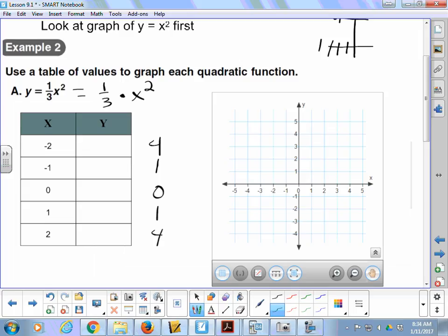So all I have to do is multiply them by 1/3. And you could just leave them as a fraction. I would. Just as easy. Don't worry about decimals with these. If they give you fractions, work with fractions. If they give you decimals, work with decimals. But I prefer fractions over decimals any day. They're a whole lot easier to work with.